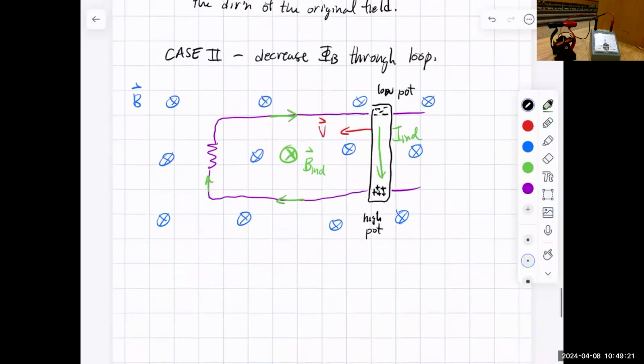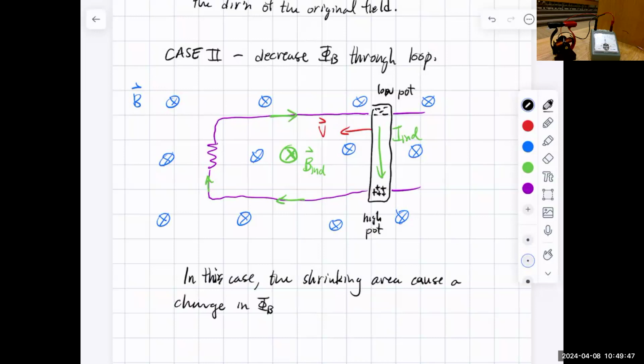And so the summary is that in this case, the shrinking area causes a change in flux that induces a clockwise current.